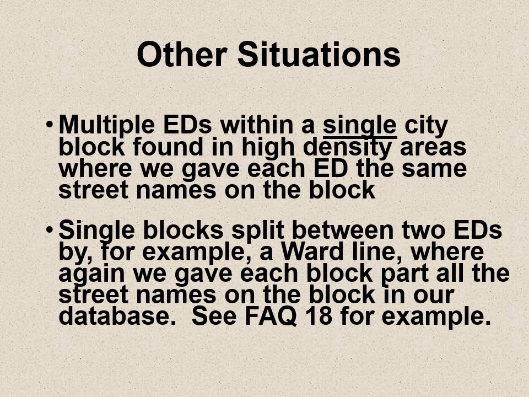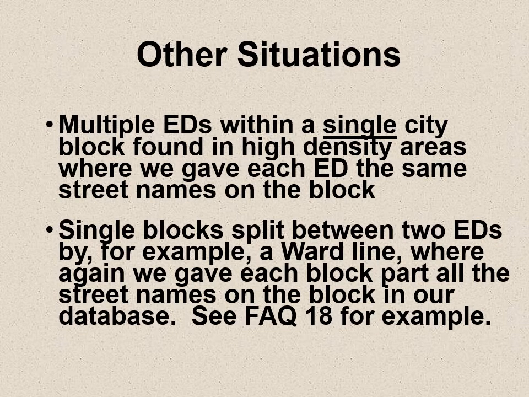Now, there are other situations as well in which you can't get down to a single enumeration district number on a search. There are some areas of cities with very high density of people in which a single city block has more than one enumeration district. Manhattan has a large number of examples like that. In order to make the algorithm work in those blocks, I've put all the street names in each of the enumeration districts.